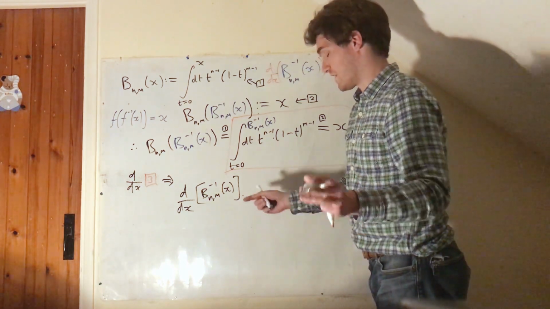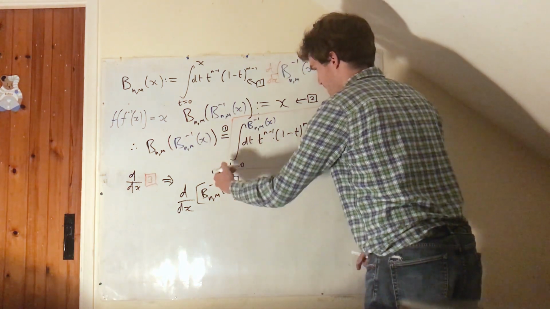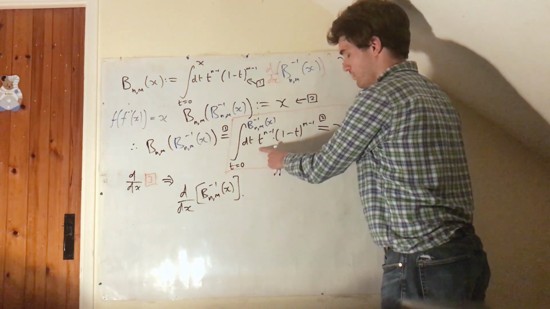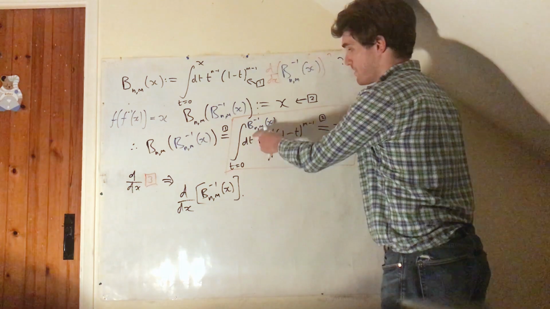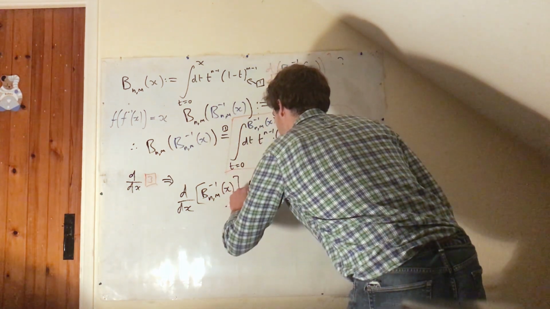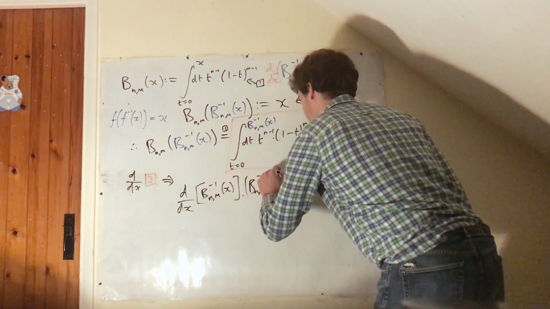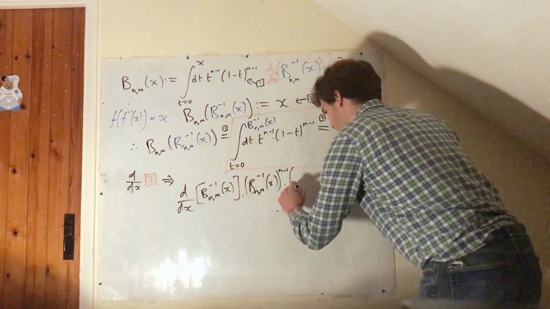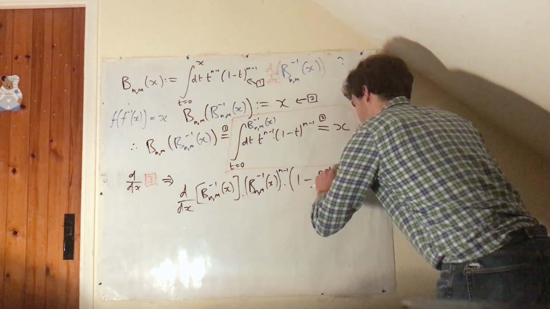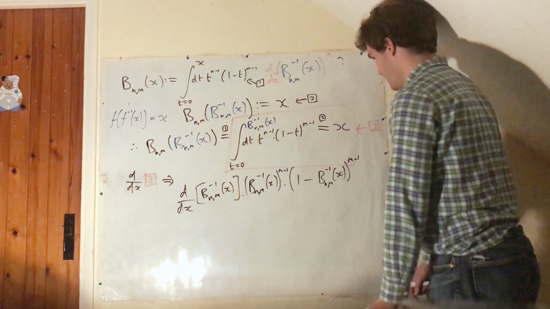I'm not going to state it again here. I'm just going to follow it. So here, this is now going to be multiplied by the integrand, where the dummy variable is replaced by the limit itself. So then I'll therefore get beta nm inverse of x to the power of n minus 1 multiplied by 1 minus the inverse incomplete beta function, nm to the power of m minus 1.